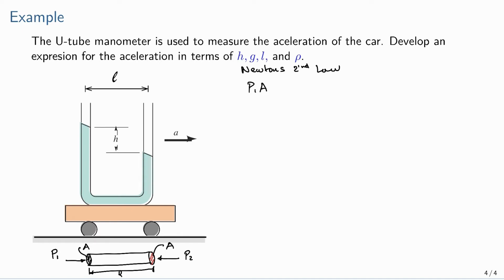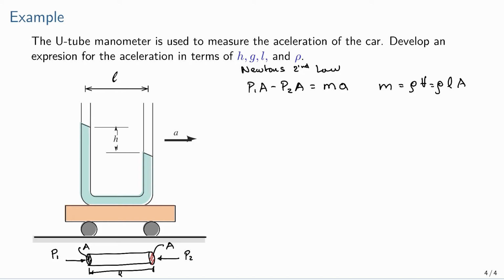On the right hand side we have the pressure 2 multiplied by the area, and it's in the opposite direction, and that should be equal to mass times acceleration. Now the mass is the mass of the water that we have inside. So the mass is equal to the density multiplied by the volume, otherwise, the density multiplied by the length multiplied by the area.